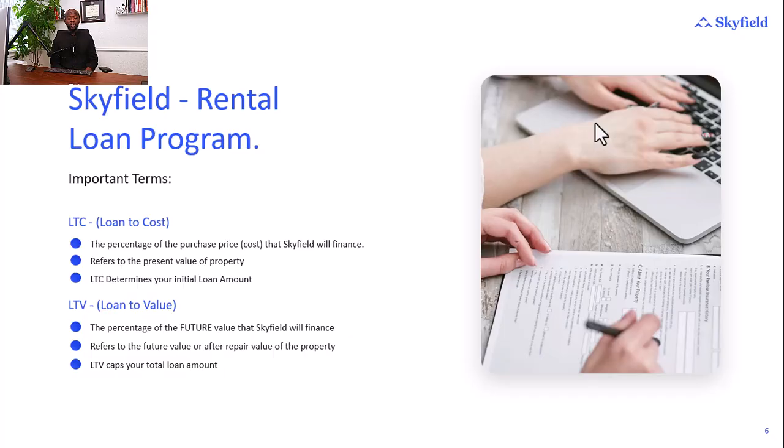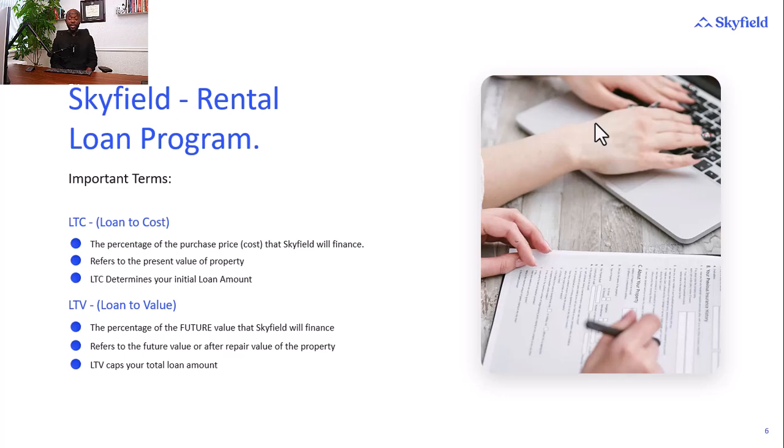So when a lender's quoting you their leverage amounts or how much they're willing to lend, you may hear them say we're going to lend 80% loan to cost or 90% loan to cost. And what that essentially means is that they're going to lend 80 to 90% of the current value of the property. All right, it determines your initial loan amount. So that's the first term you need to know, loan to cost.